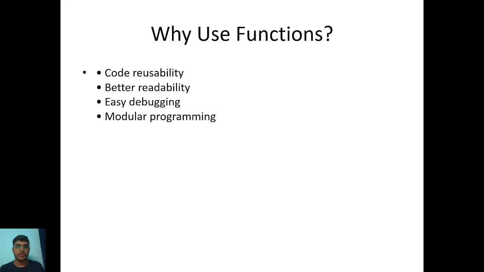Better readability because you are defining that code only one time, so it is easier to read. While debugging, if there are bugs in that function, you can easily debug it. But if you are writing the code and repeating that bug many times, then it is harder.